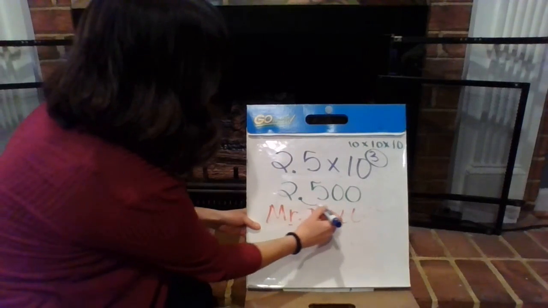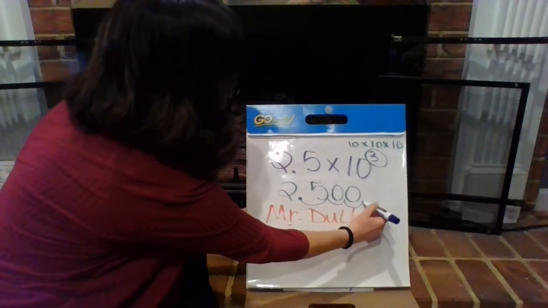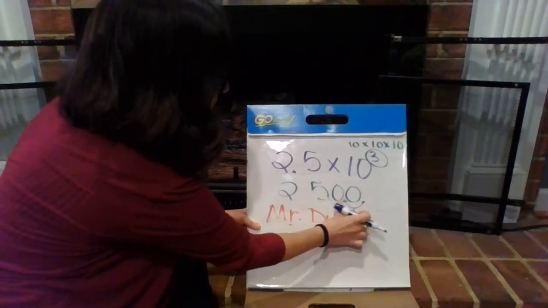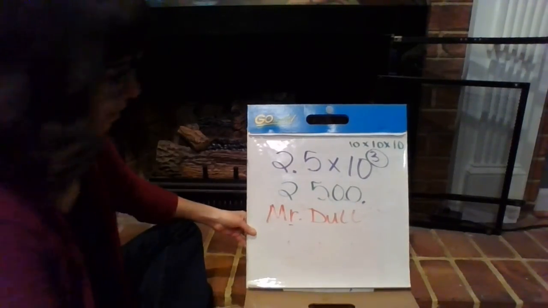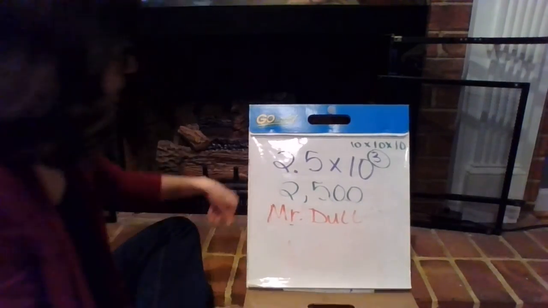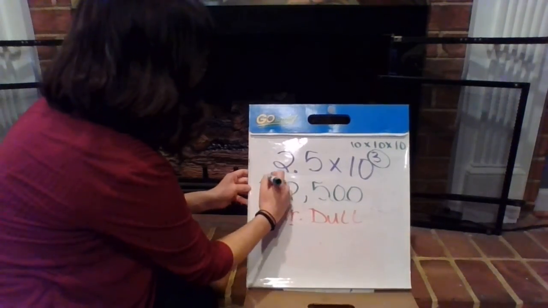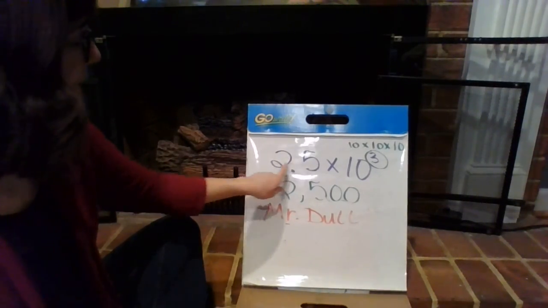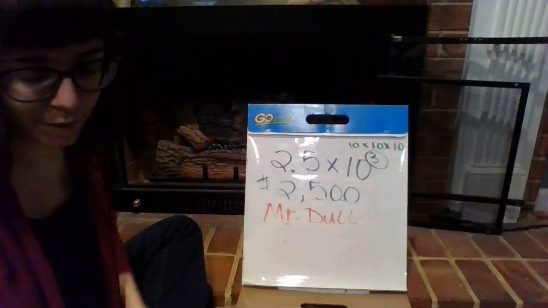And so I can move 1, 2, 3 places to the right, and then erase my original decimal. Okay, so Andre earned $2,500. That's a lot more practical than saying 2.5 times 10 to the third power dollars.